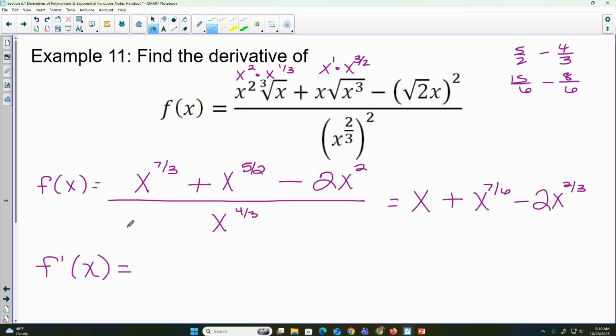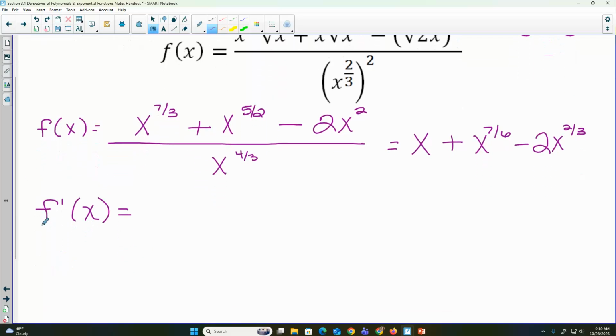So now we can do our derivative. What's the derivative of x? 1. Plus, what's the derivative of x to the 7/6? 7/6 x to the 1/6. Minus the derivative of 2x to the 2/3 power. So the exponent comes down, 2 times 2 thirds, 4 thirds.